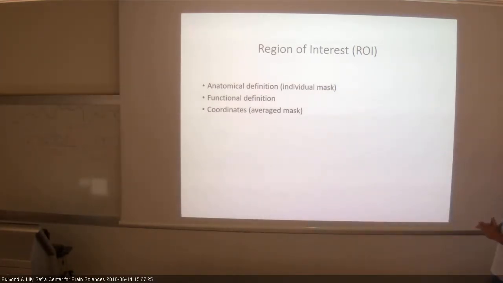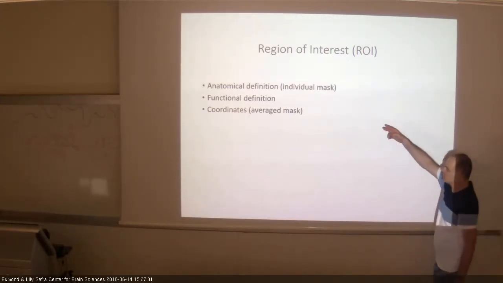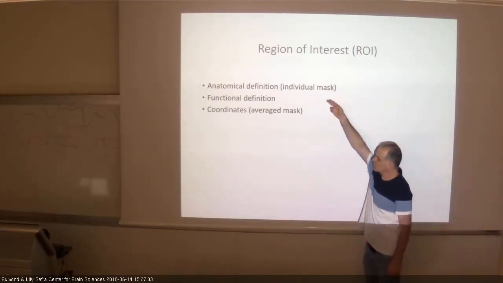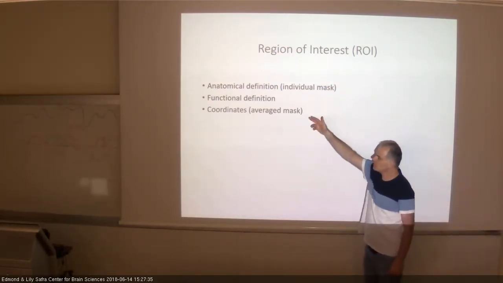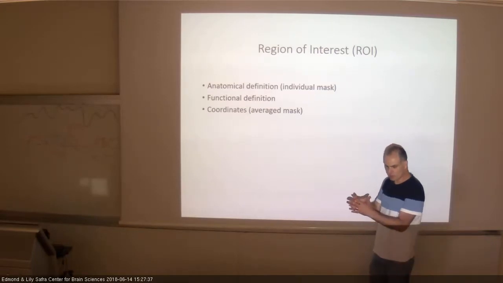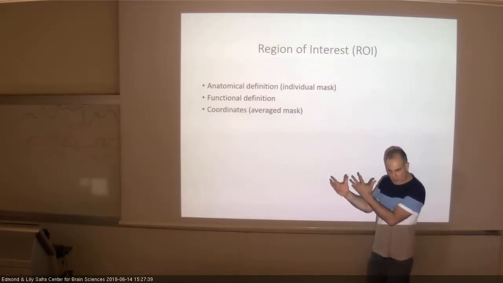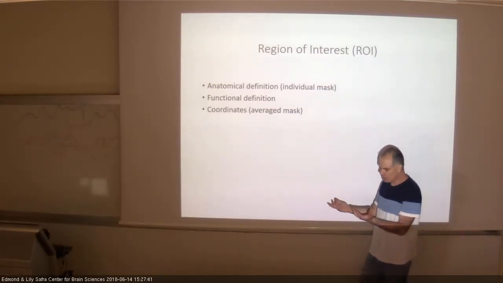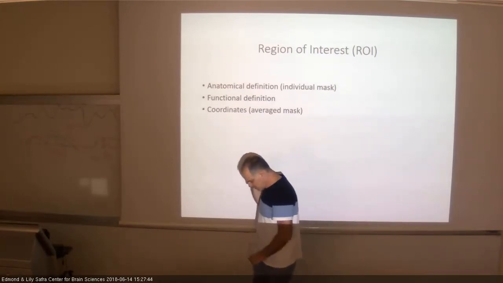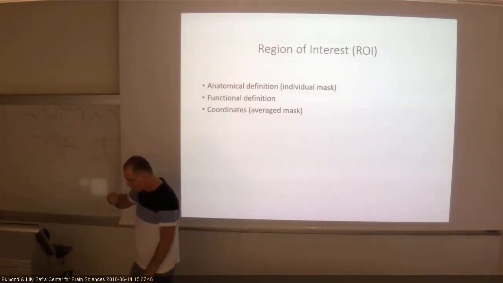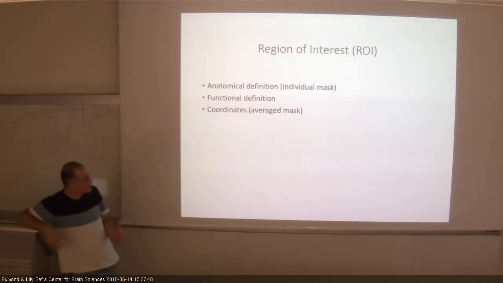It's less exact, but it can answer, again, if you don't have the data for one of these 2 methods to anatomically or functionally define it for each subject, you can have the coordinates of where the PPA is usually, or the FFA is usually there, and you create some mask. And the middle option is the one that people usually use, and that is to functionally define the region of interest.